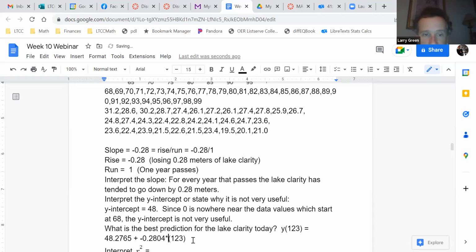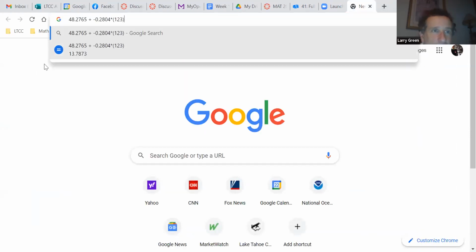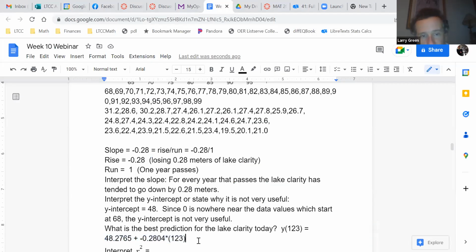And I'm going to go times. And the reason I did it that way is I can drop it in. I'll just drop it in here. And it gave me 13.79. Any questions on that?